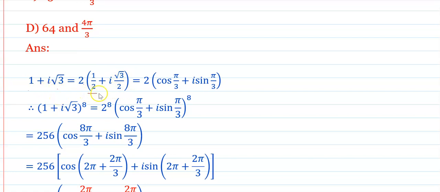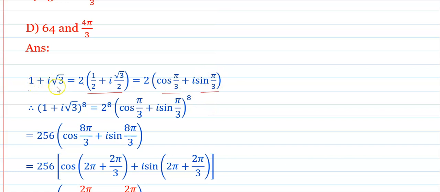Now see this here, 1 upon 2 plus i root 3 by 2. This is nothing but cos of pi by 3 and this is nothing but sin of pi by 3. Now the bracket is raised to 8.